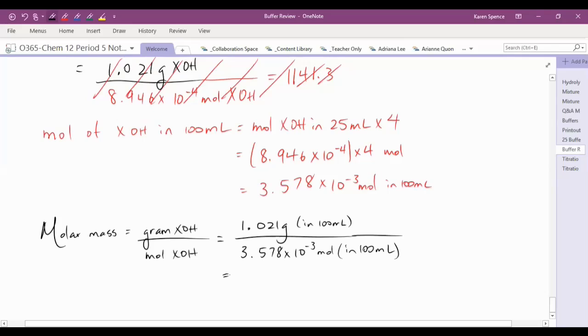We get 1.021 divided by 3.578 times 10 to the negative 3, that looks better, 285.4. And our unit is grams per mole. Good.